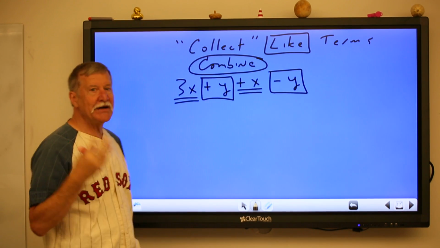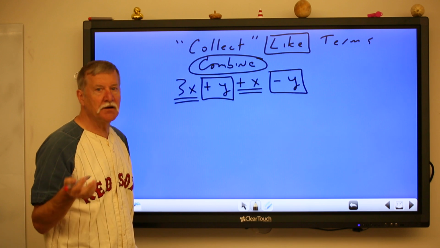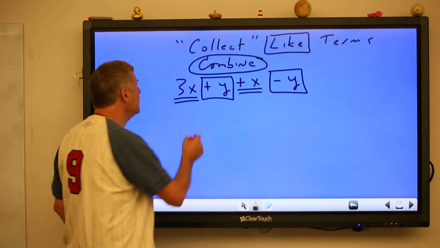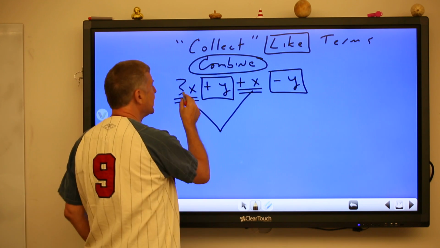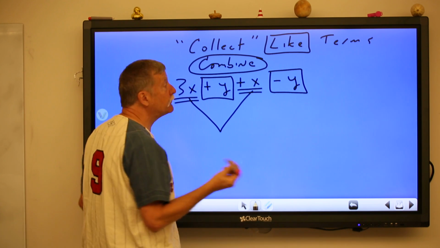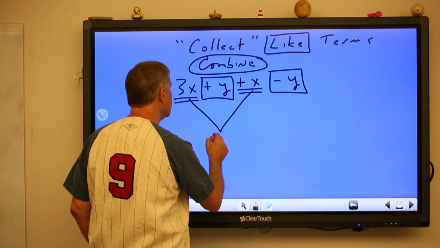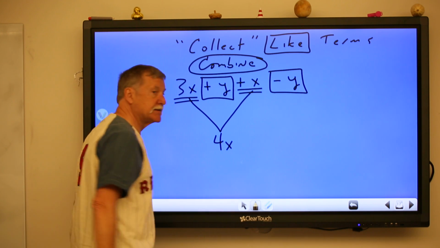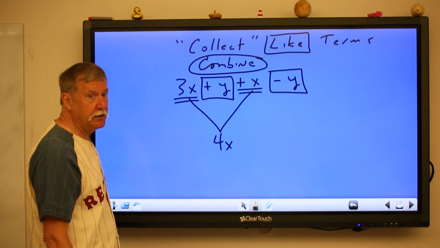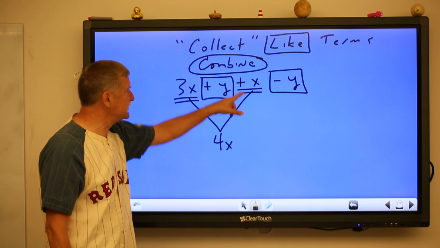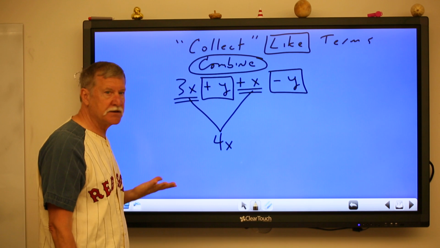So now that I've identified the like terms, I can combine the like terms. I can take 3x plus x. 3 apples plus another apple makes 4 apples, or 3x plus x just makes 4x. All right? Variable doesn't change when you combine. When you add or subtract x's, stay x's in the answer.